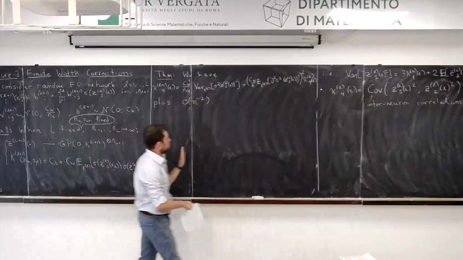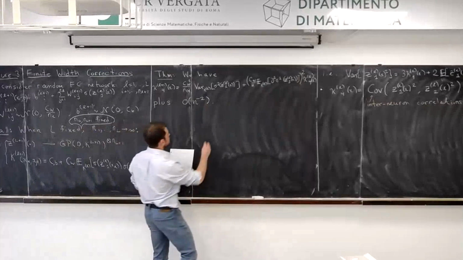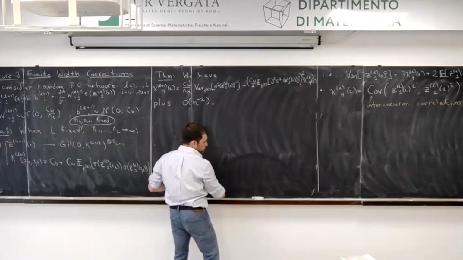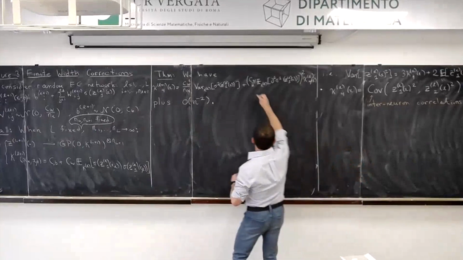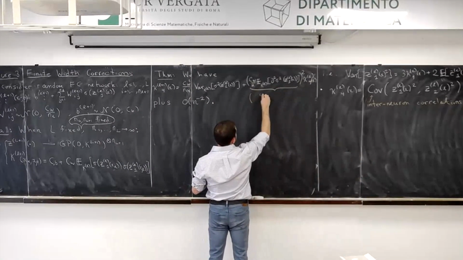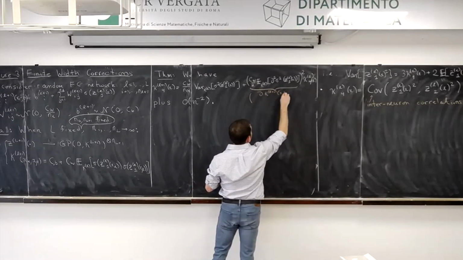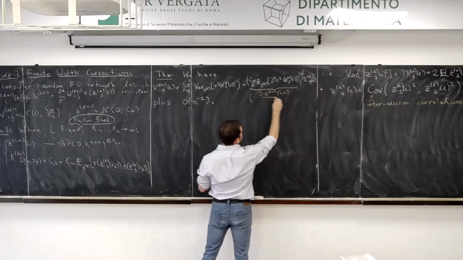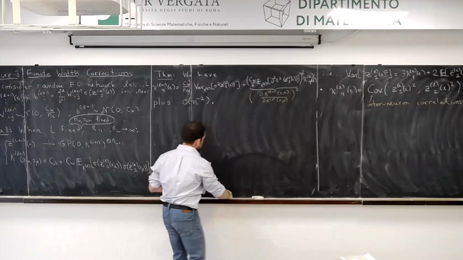Okay, so very good. But wait, there's more. Let me draw this in a different color. This coefficient here has a beautiful interpretation. It actually turns out to be the derivative of the variance at L plus 1 layers by the variance at L layers, squared.